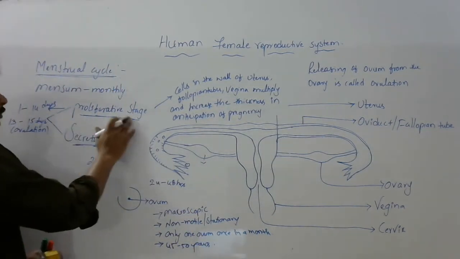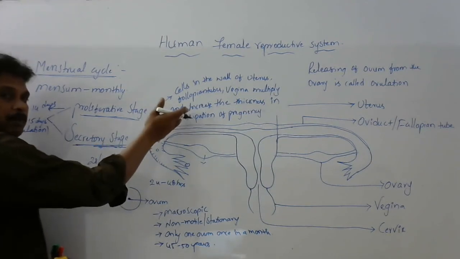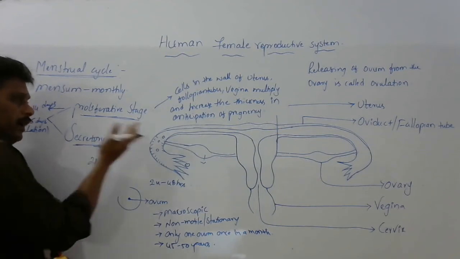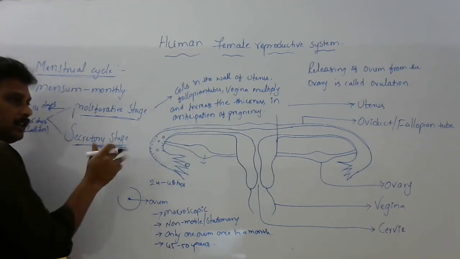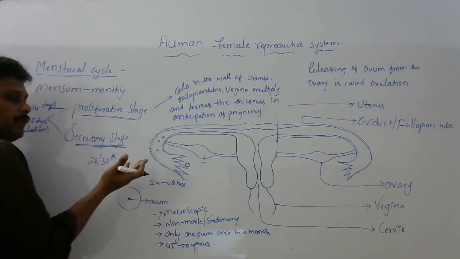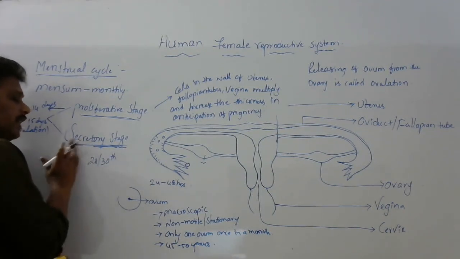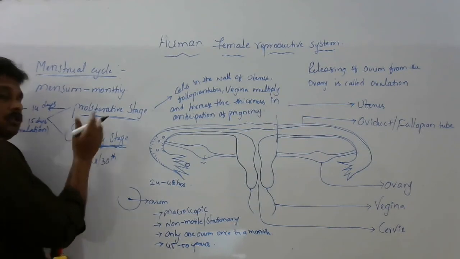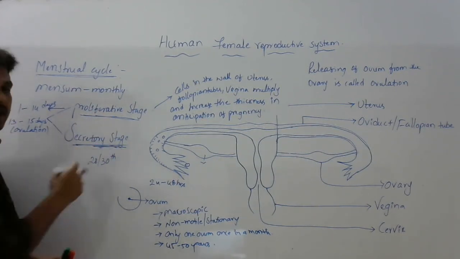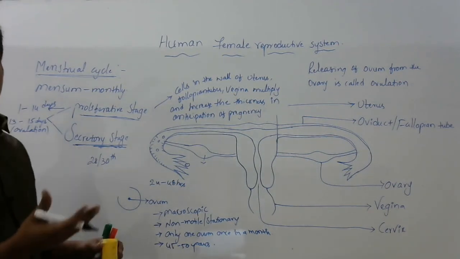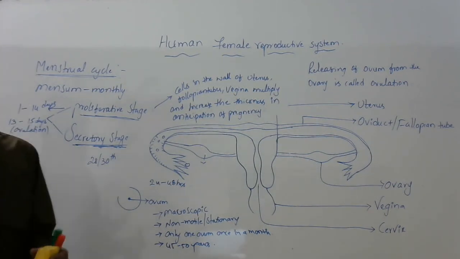Two stages are there. Proliferative stage, where cells multiply and increase the thickness of the reproductive system walls and wait in anticipation of pregnancy. If pregnancy doesn't occur, that means fusion of male and female gametes is not there. In the second half of the month, the thickened cells detach from the wall, and on 28th or 30th day they expel to outside, along with some amount of blood.